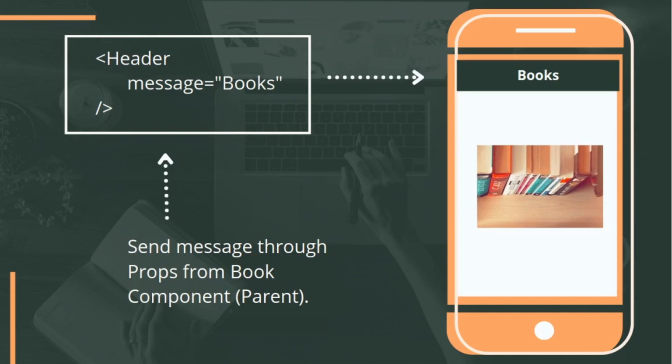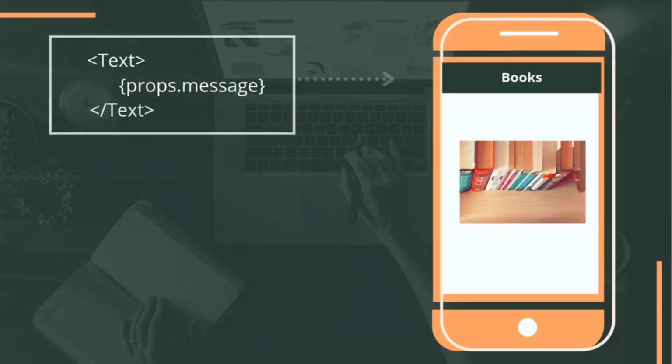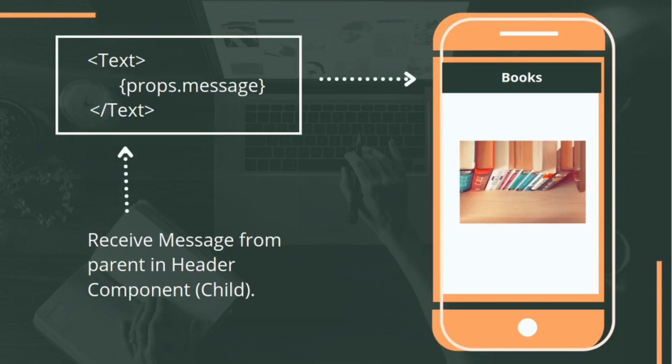Here book is the parent component and header is the child component. You can see here we will receive props from the book component through the message key in the header component. Like this we can send dynamic heading text from the parent so that we can reuse the header component.